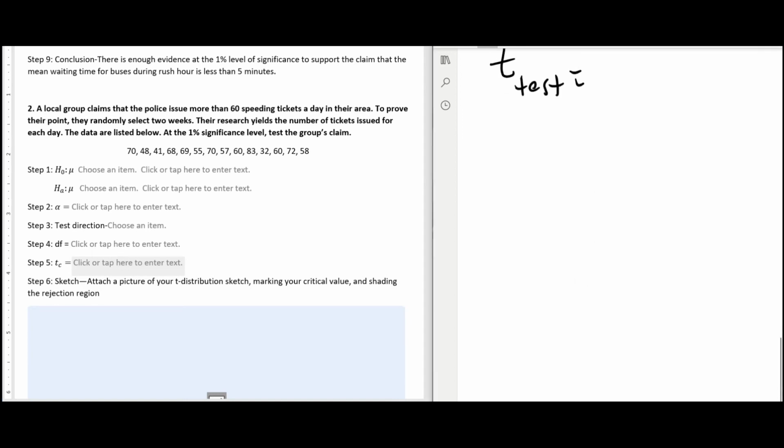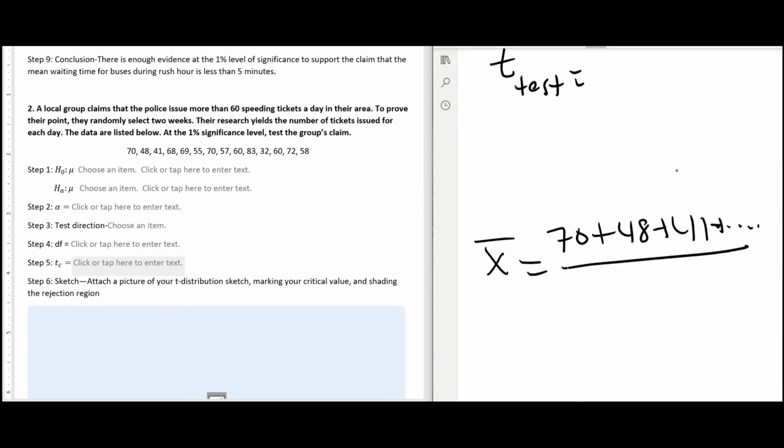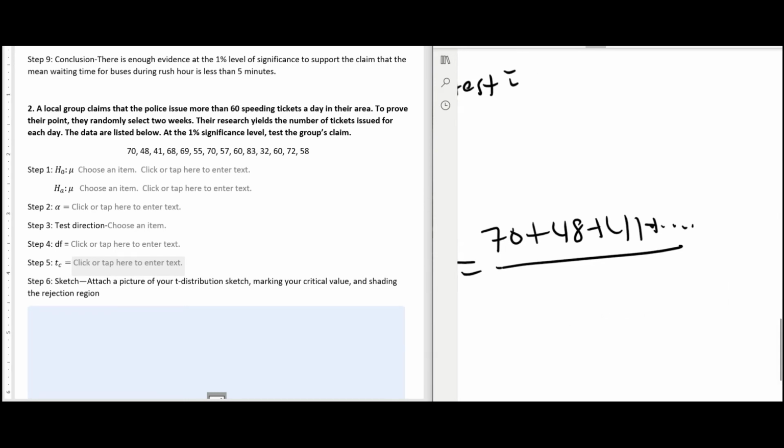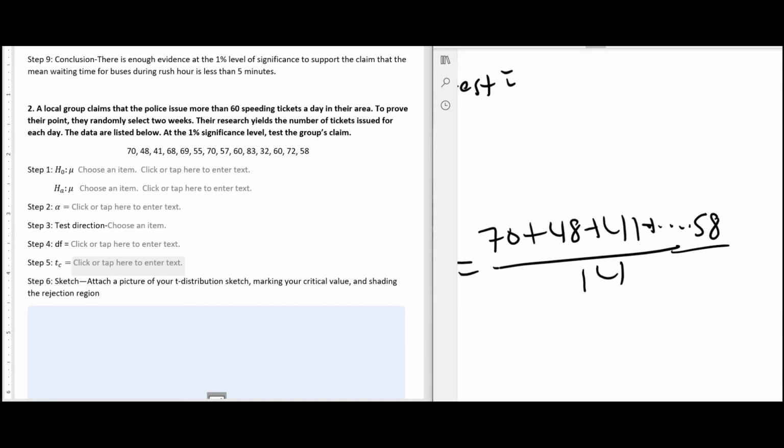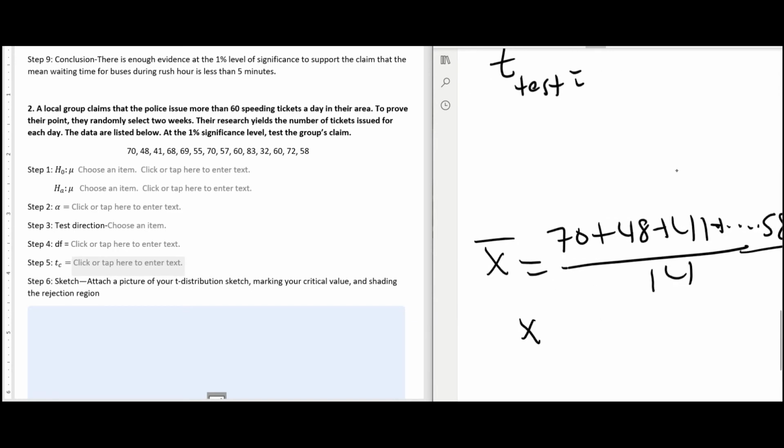So let's do that down here. So for the X bar, that's simply the average of the data that they provide to you, right? So we got to do 70 plus 48 plus 41, dot, dot, dot, all the way to 58, the last number that you see there, and then divide by 14 days. Okay, that'll provide you with your X bar. Actually, we're going to quickly do that.